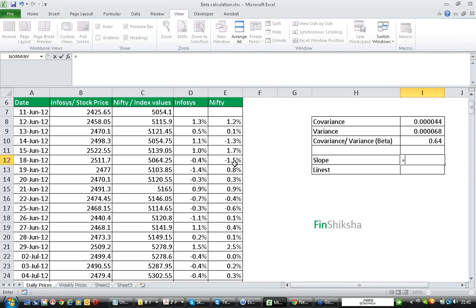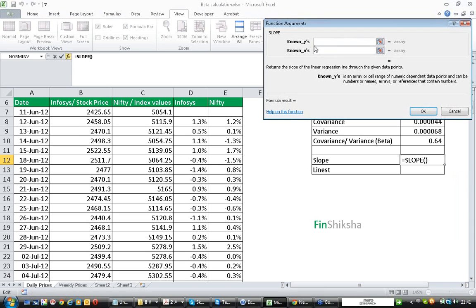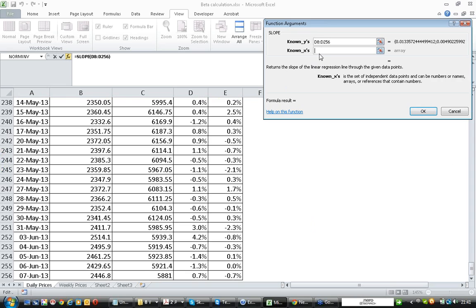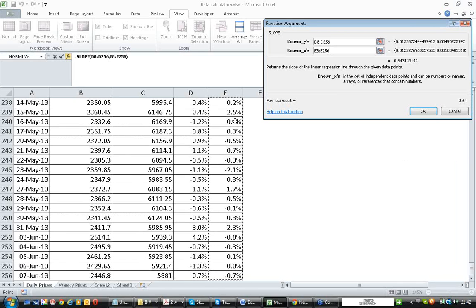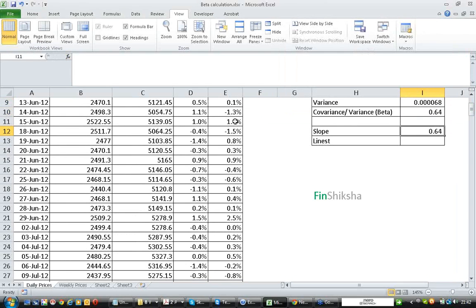So let's use the function SLOPE to find out slope of a straight line. There are two arguments that are required, known y's and known x's. Y's are nothing but the stock return, which is the output variable in a straight line, and x's are nothing but the input variable, that is the market return. Enter and you will get the beta, which is 0.64 again.